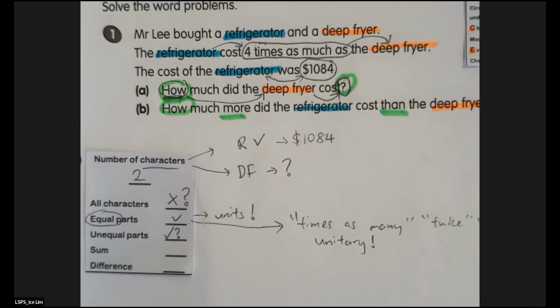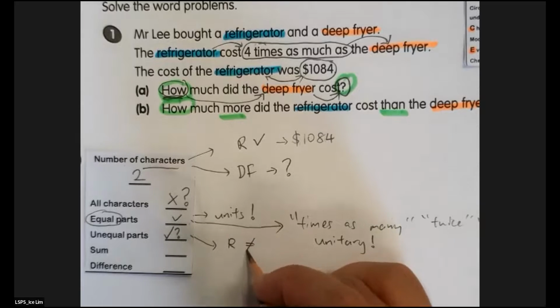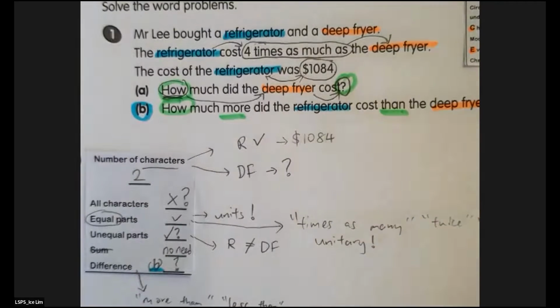Now, are there unequal parts? Yes, there is, because I know the refrigerator is not equal to the deep fryer. The question asked me how much more did the refrigerator cost than the deep fryer. So I have to find the difference between the refrigerator and the deep fryer. And this is not given.